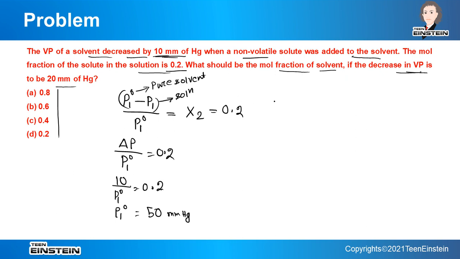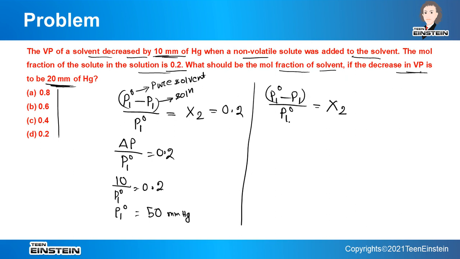Again we will write the same expression, that is P1 naught minus P1 by P1 naught, equal to this mole fraction x2. What we have to find out is the mole fraction of the solvent. So x2 we can find out, because we know the difference, that is 20 millimeter Hg.